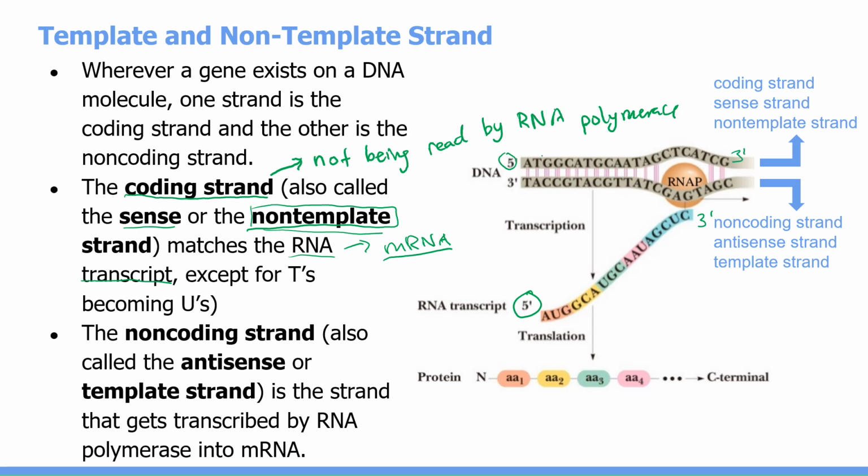And so this right here must be our coding because we have ATG, and then GCA, and it matches exactly as the mRNA being created, except that the T is a U. Now, the one that is being read is the non-coding strand, or the template strand, sometimes called the antisense.